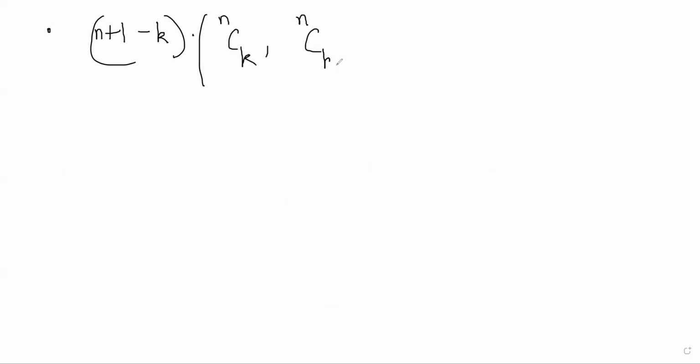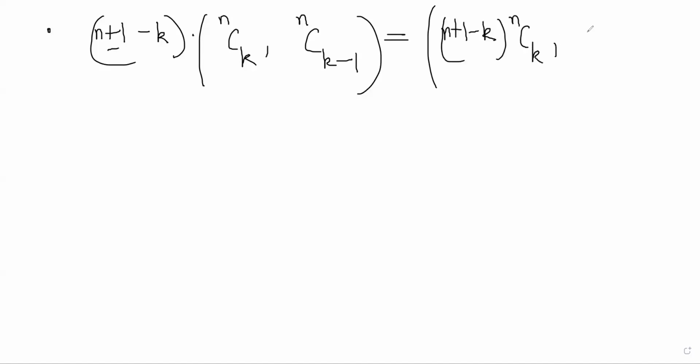The second one also is done in exactly the same manner. We will start by calculating n plus 1 minus k times GCD of nCk and nCk-1. So we can take the n plus 1 minus k inside. Now on the side, we will calculate what this expression is.